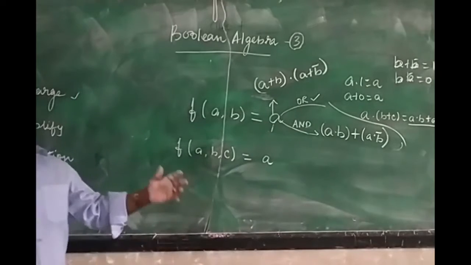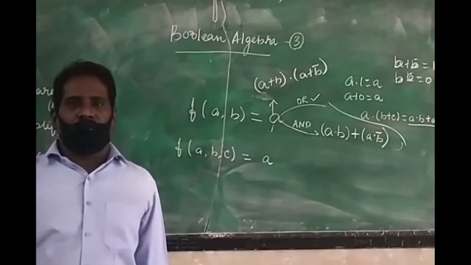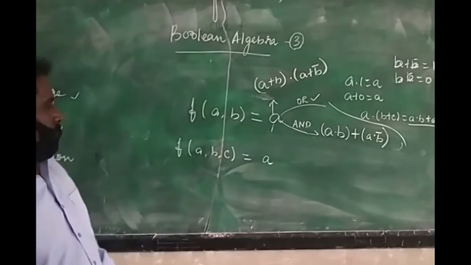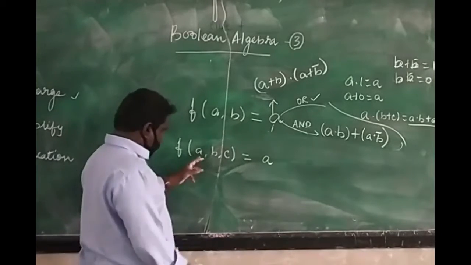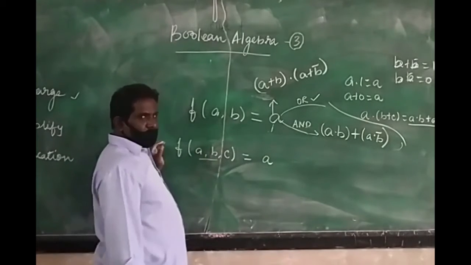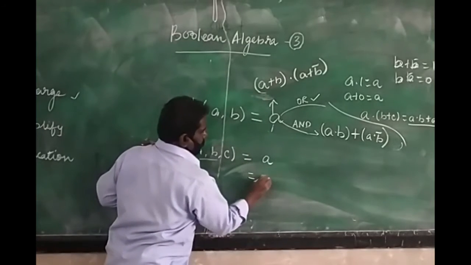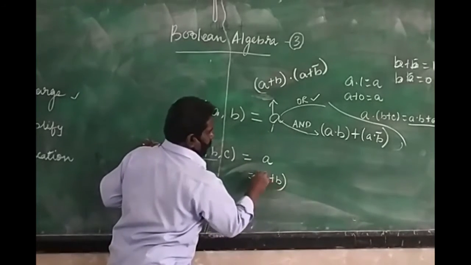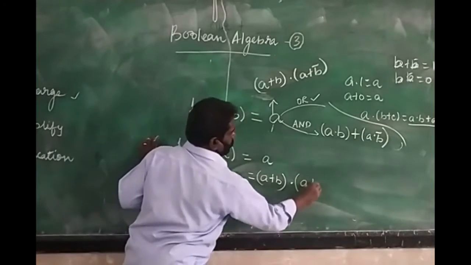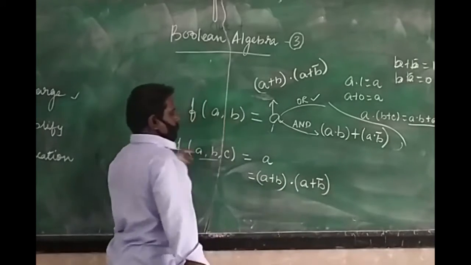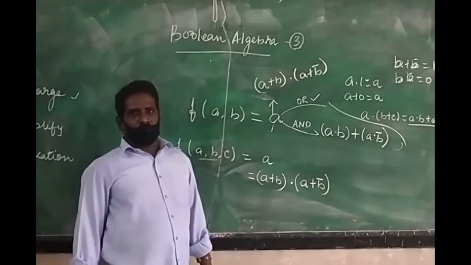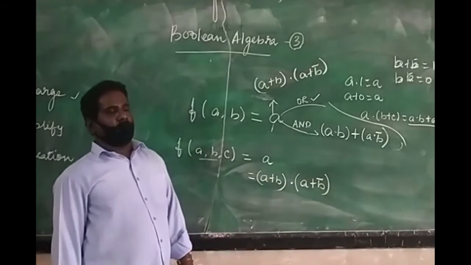How can I enlarge it into three variable form? First I will enlarge it into two variable form. So a plus b dot a plus b bar. This is two variable form, isn't it? Yes.